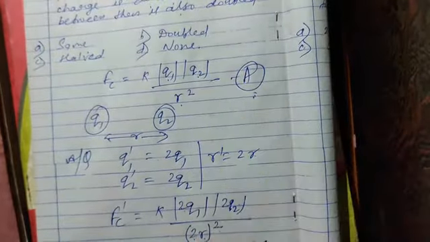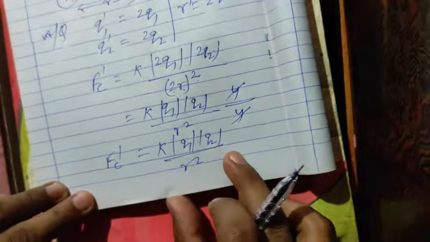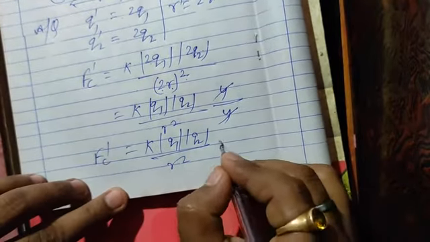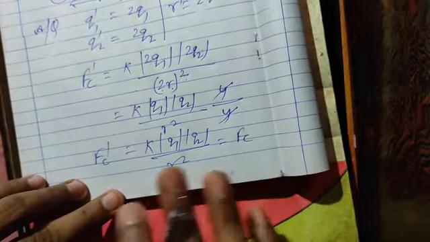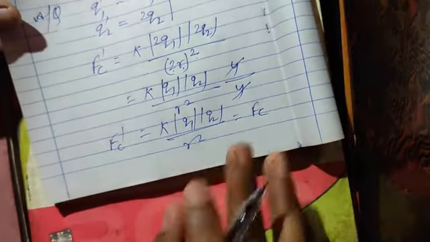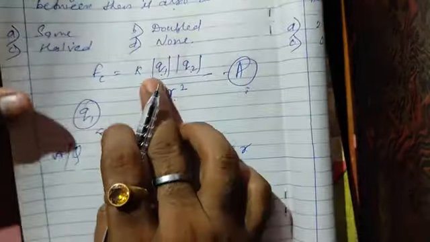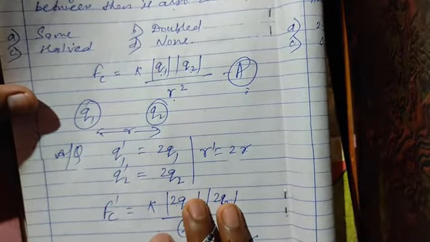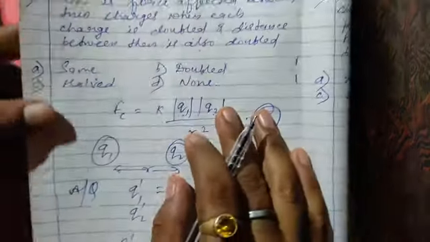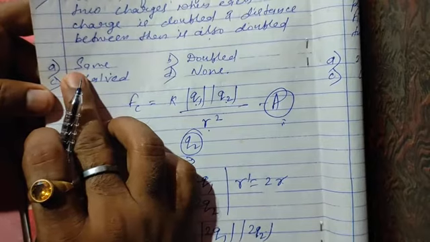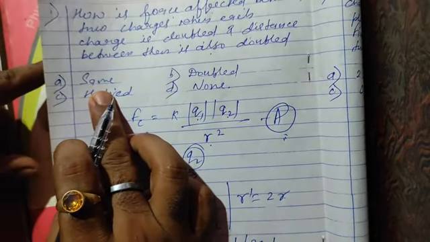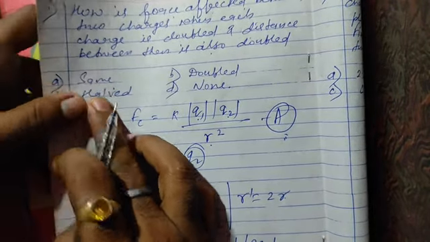From equation A we get Fc equal to Fc prime. It means the force is the same. There is no change in Coulomb's force when charges are doubled and the distance between them is also doubled. So the answer is option A, same.